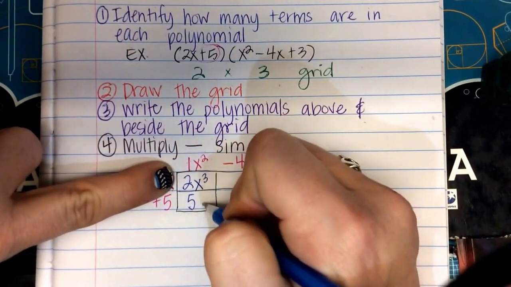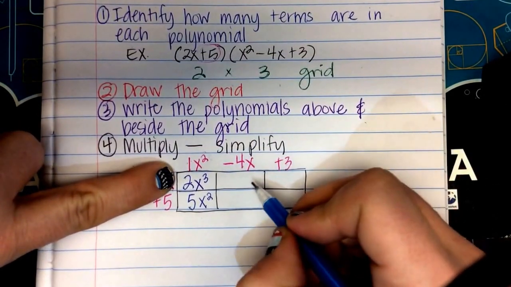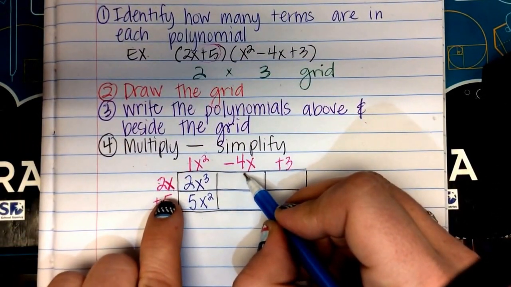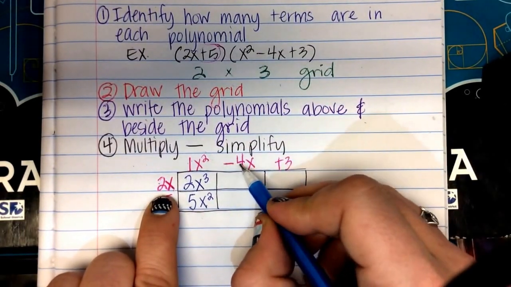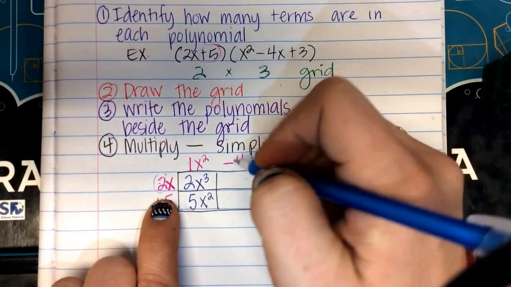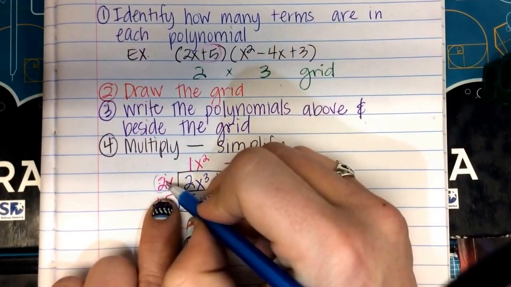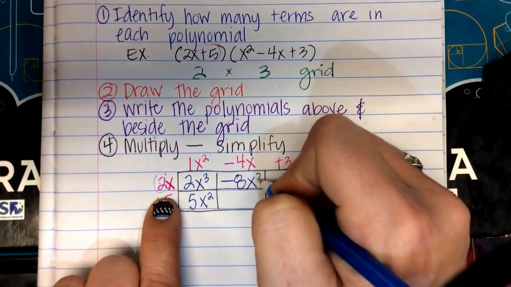And there's an x squared that I add on to the end. I'm going to move to this box. 2x times negative 4x. What's 2 times negative 4? Negative 8. And x times x is x squared.